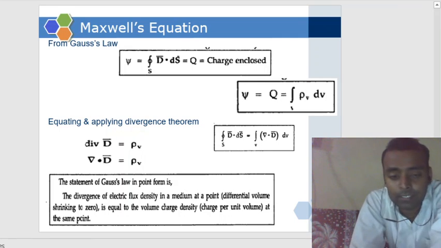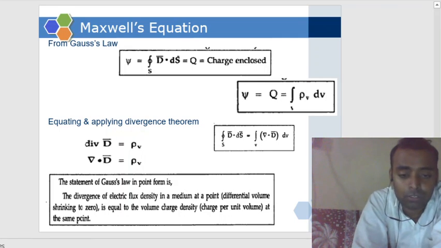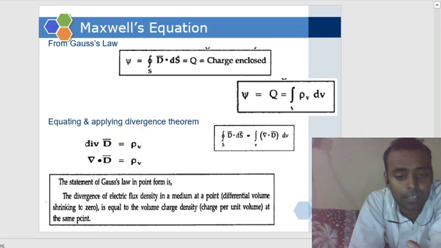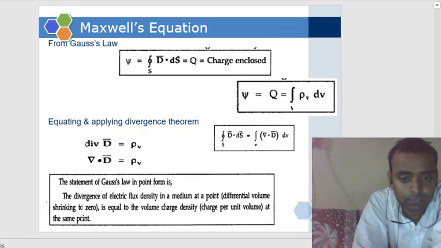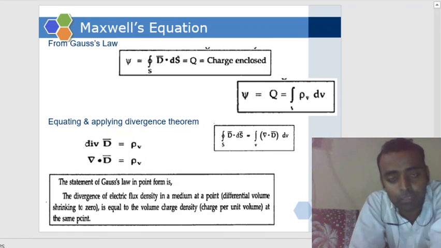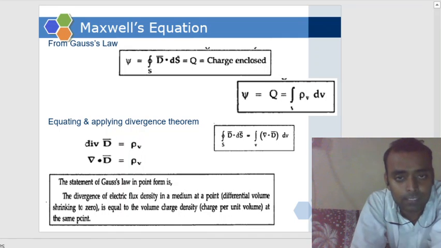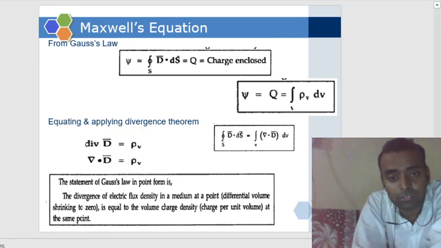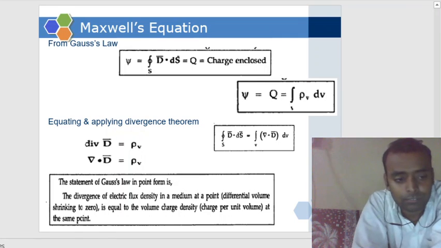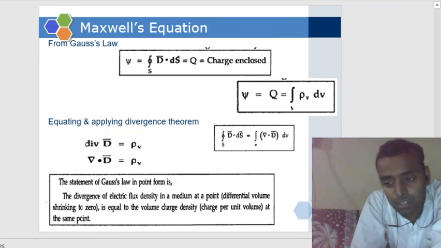You can get some questions from this also, where they'll give you D and ask what the volume charge density is. You just need to find the divergence of that D and you'll get the volume charge density. This is asked in various competitive exams also.